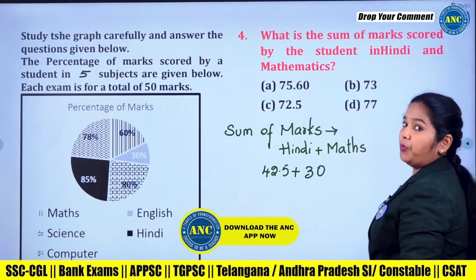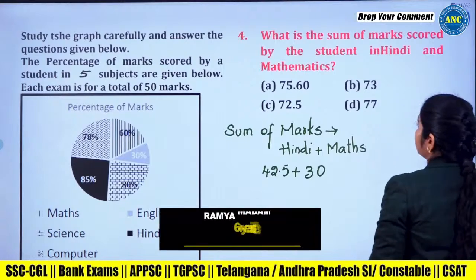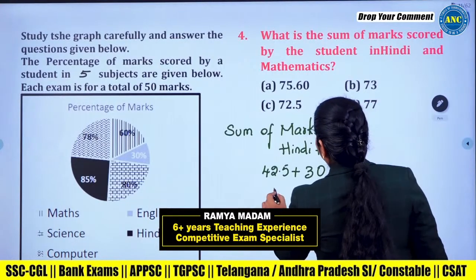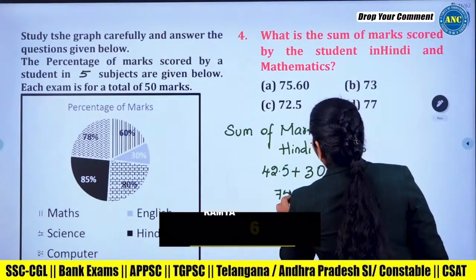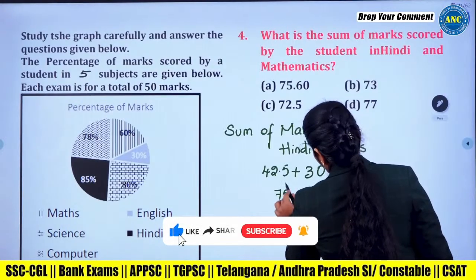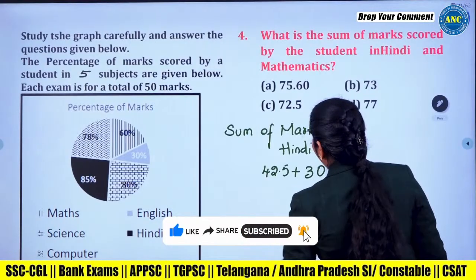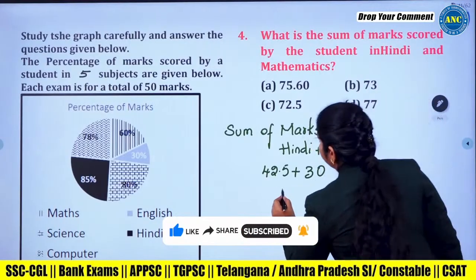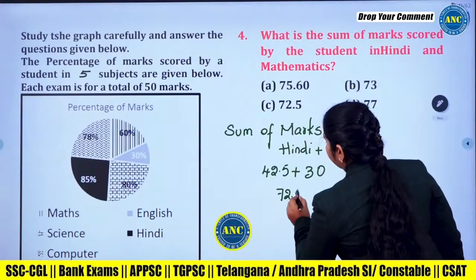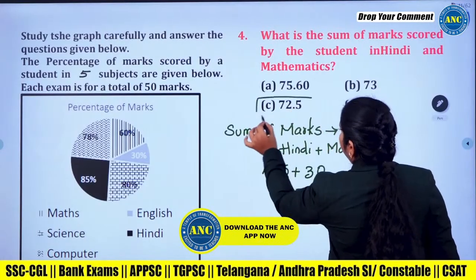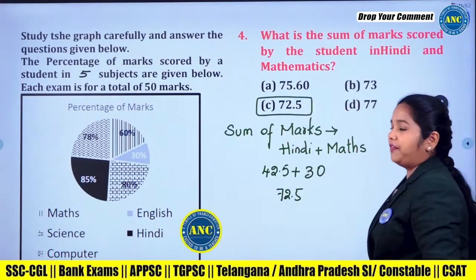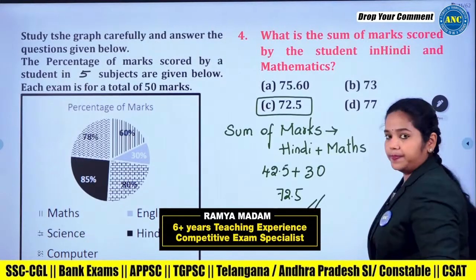So 42.5 plus 30 is how much? Sorry, 42.5 plus 30 is 72.5. Option C, 72.5 is the correct answer.